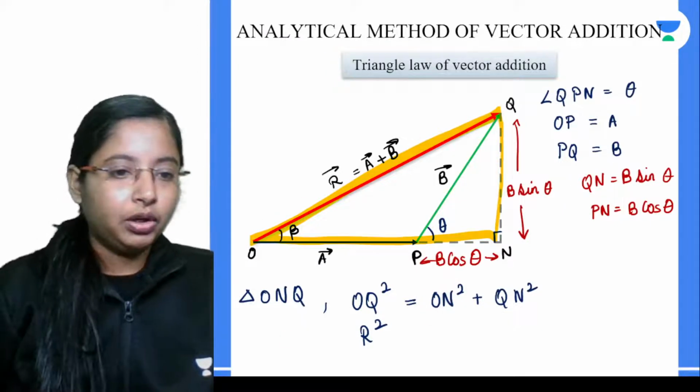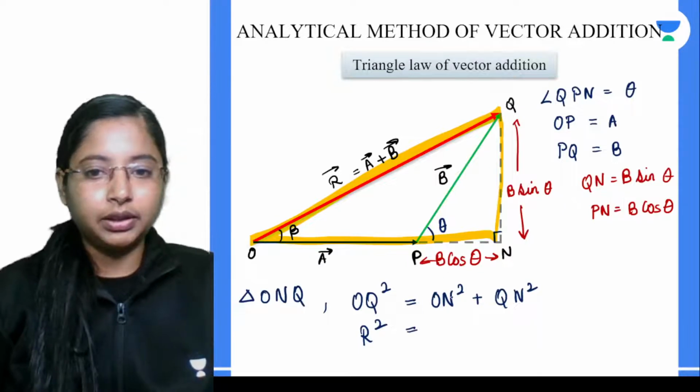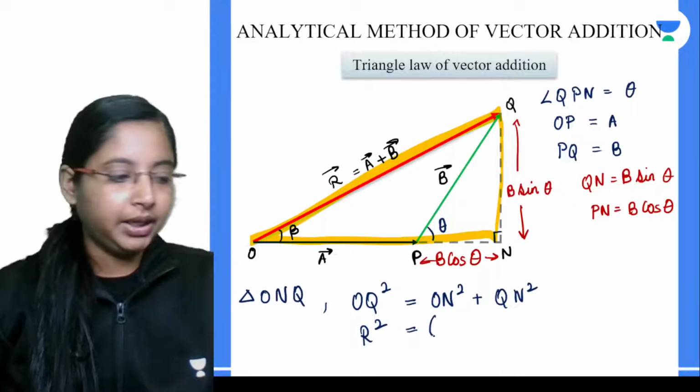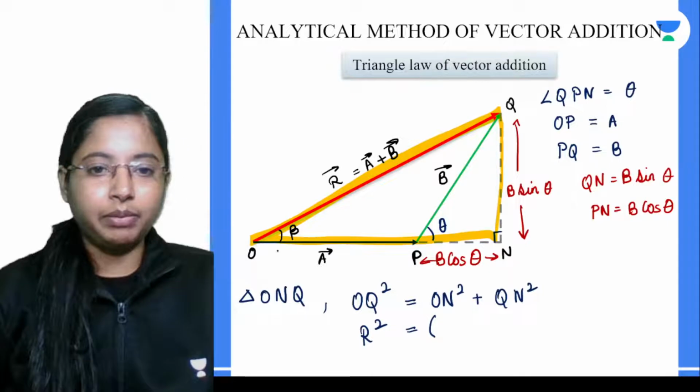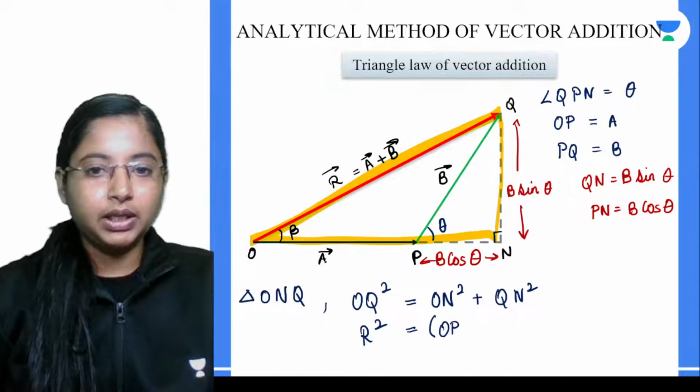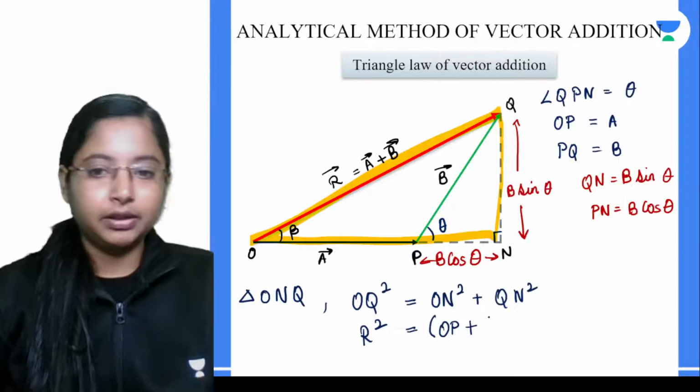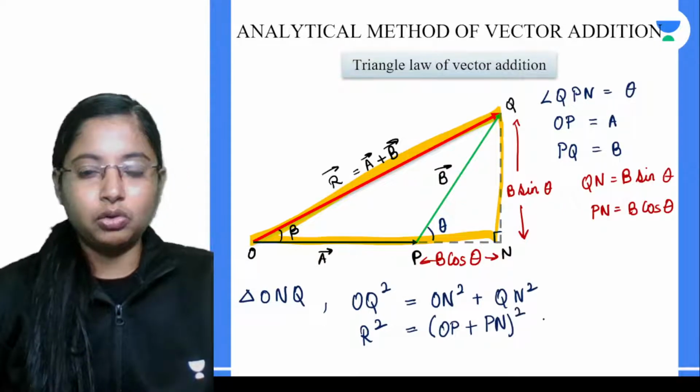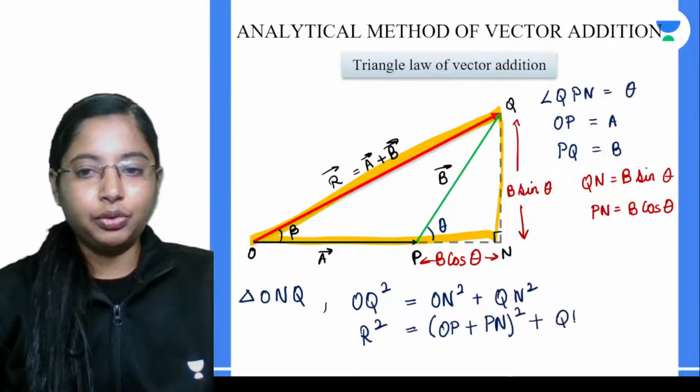Now if you look at ON, ON is basically OP plus PN, the whole square, plus we have QN square.